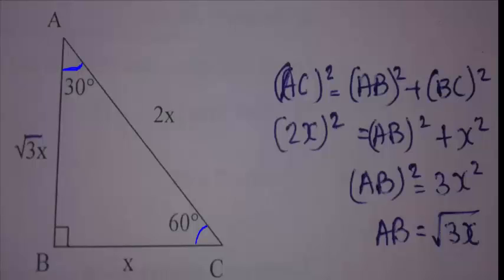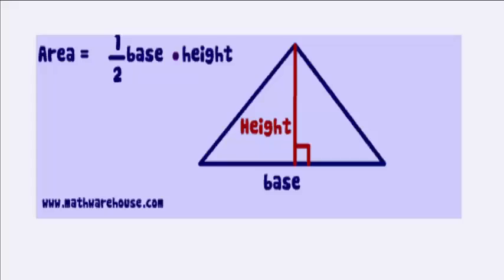Thus, sides opposite to angle A and angle B are BC and AC are in the ratio x:2x. By hypotenuse theorem, that is Pythagoras theorem, AC square is equal to AB square plus BC square. That is 2x the whole square is equal to AB square plus x square. Therefore, AB is equal to √3 times x.